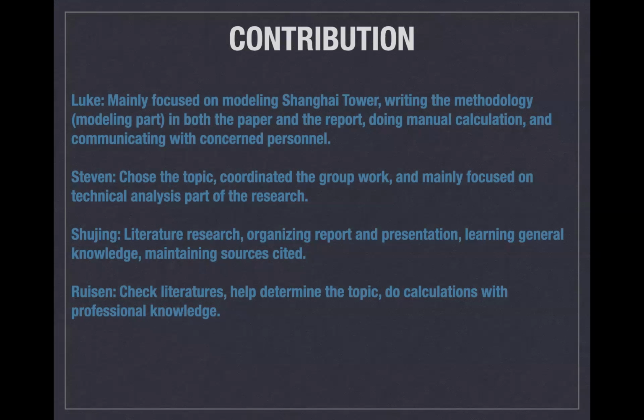Our group members did a really great job, and I appreciate all their hard work. This is our contribution respectively. The first one is me. I mainly focused on modeling Shanghai Tower and writing the methodology and modeling part in both the paper and the report, and also doing the manual calculation and communicating with concerned personnel.